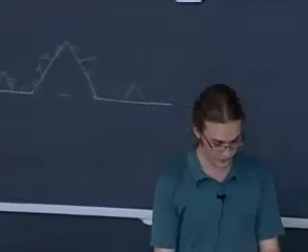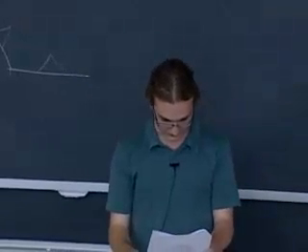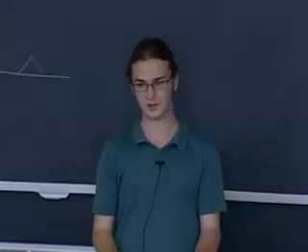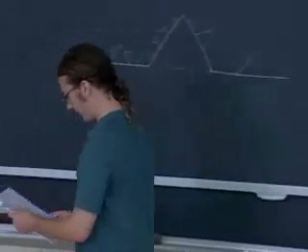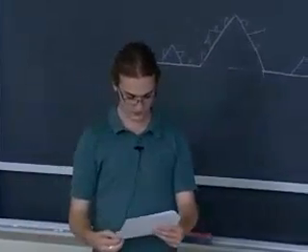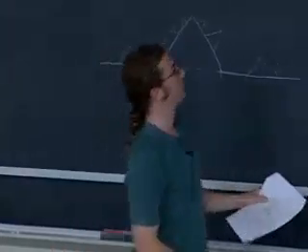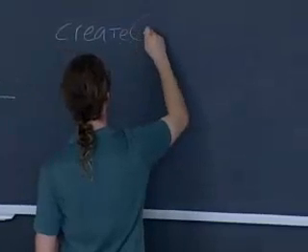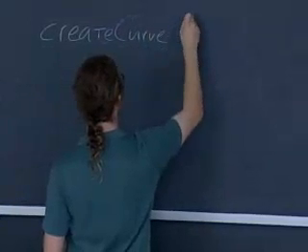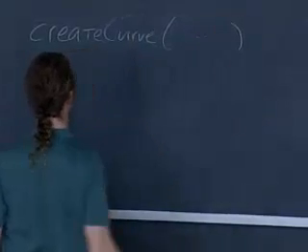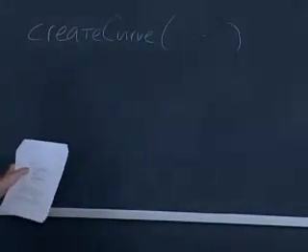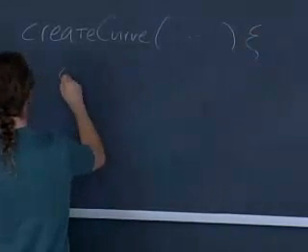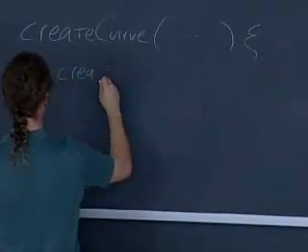Let's look at the actual code, the program. It says Koch. I think it's on page 7. So let's see, create curve. What create curve does, essentially, is call itself 4 times.